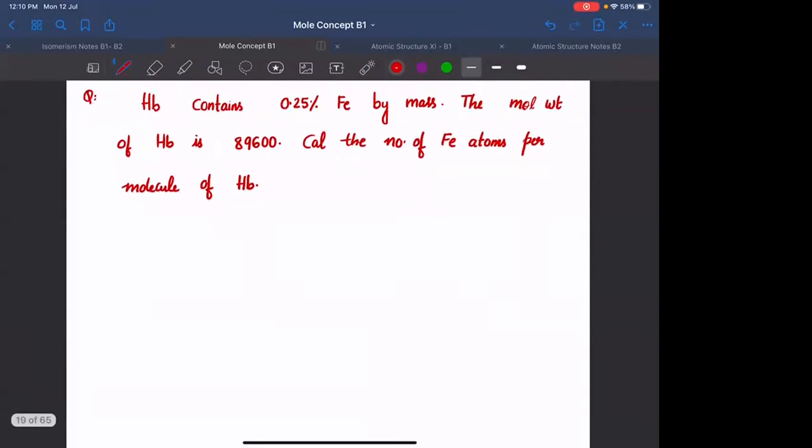How to solve this? Can I say number of iron atoms, Fe atoms, will be equal to the mass of iron per molecule divided by atomic mass of iron?